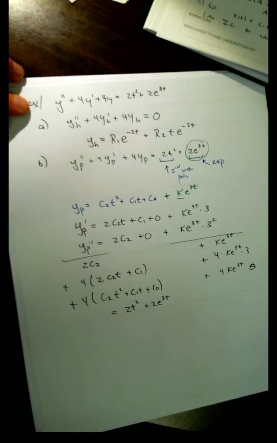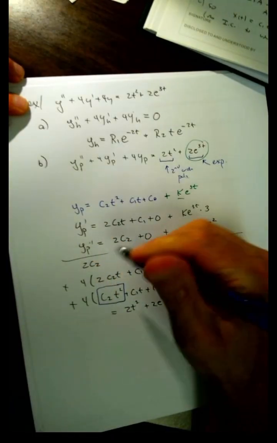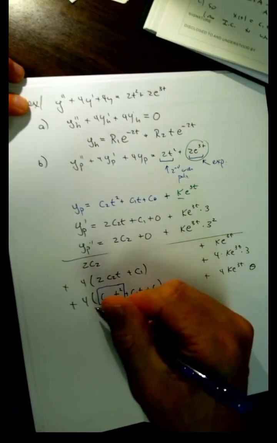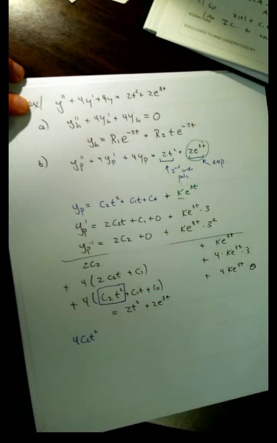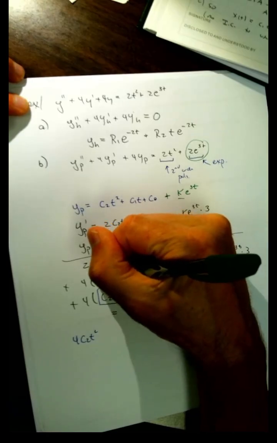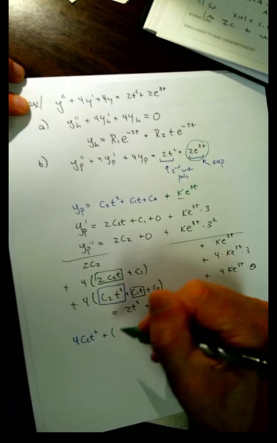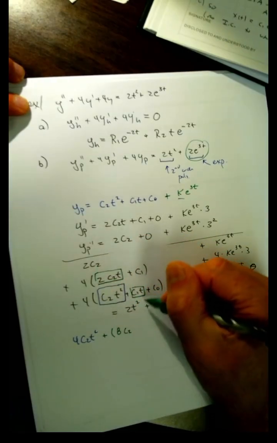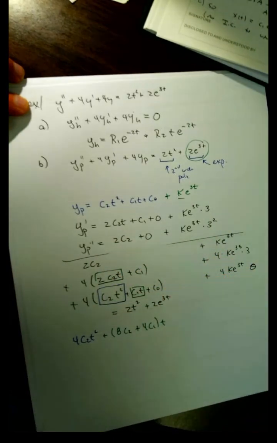So for my t squared terms, that's the only c2t squared term that shows up anywhere. So I'm going to have 4c2t squared. For my t terms, I'm going to have a t term there and a t term there. So this is going to give me 4 times 2 is 8, c2 plus 4 times c1 times t.